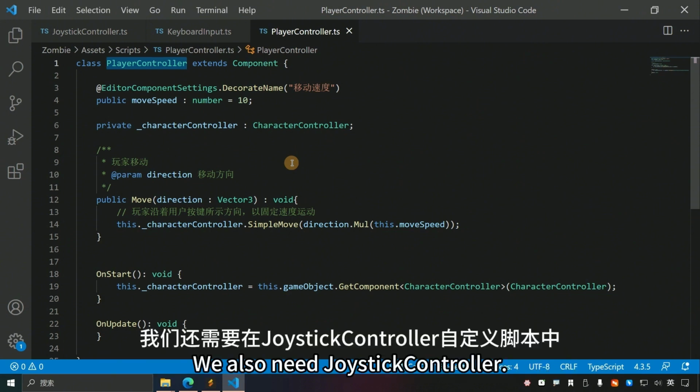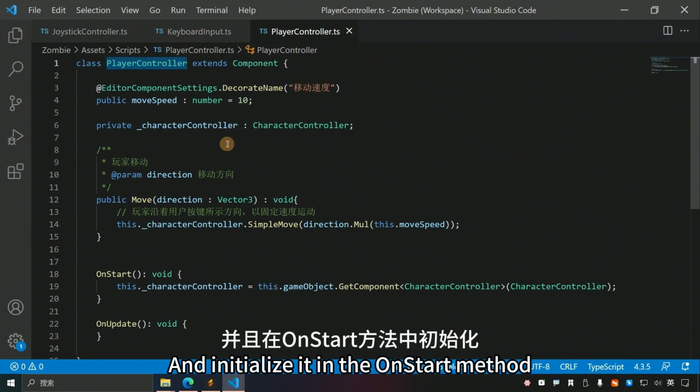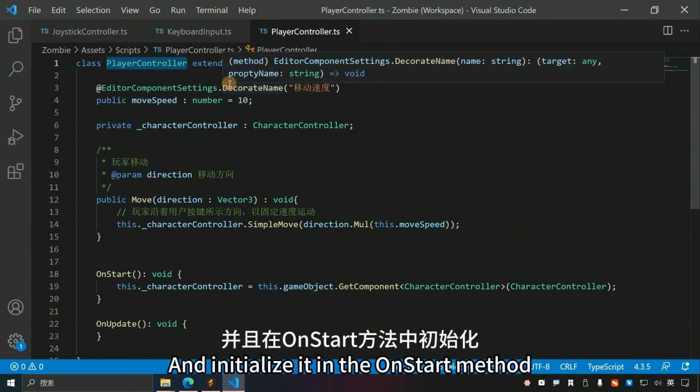So, we also need to set a private property in the joystick controller custom script, and initialize it in the onStart method.